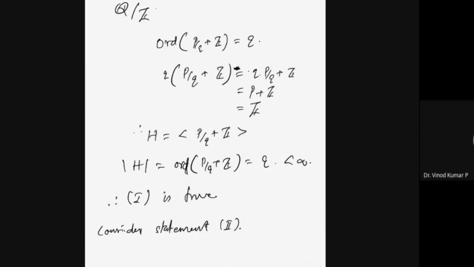You start with a finite cyclic group. Let H be a finite cyclic group. Sorry, not subgroup. You take an arbitrary finite cyclic group.